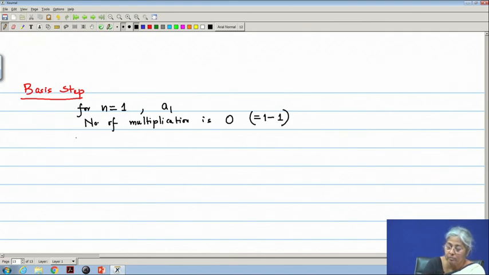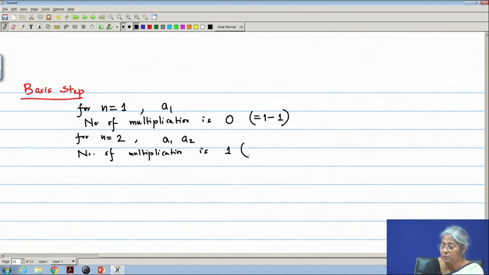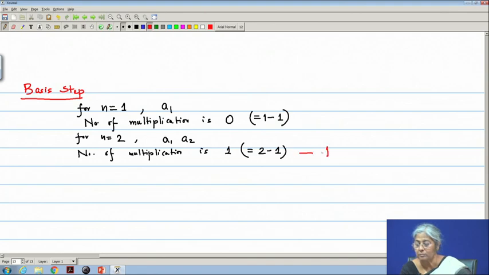For n equal to 2, the numbers are A1 and A2. So, the number of multiplications is 1, equal to 2 minus 1. So, the basis step is true.